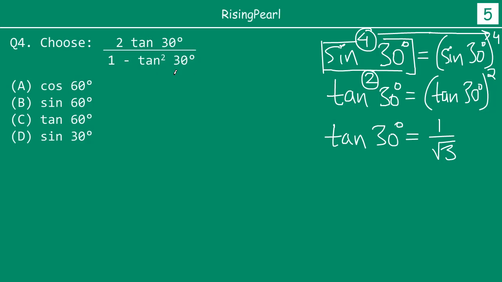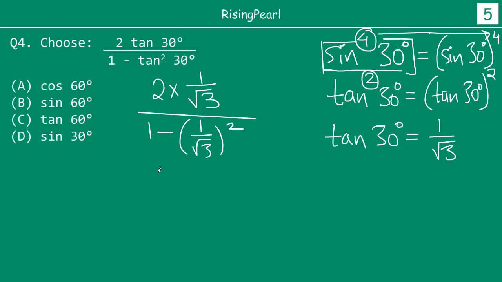Let's solve this expression. We have 2 times tan 30 degrees, which is 2 by square root 3, divided by 1 minus tan square 30 degrees, so 1 by square root 3 whole square. Square root 3 times square root 3 is 3.